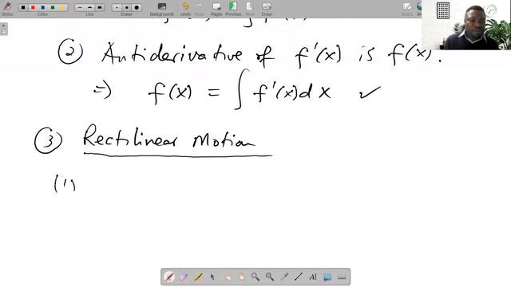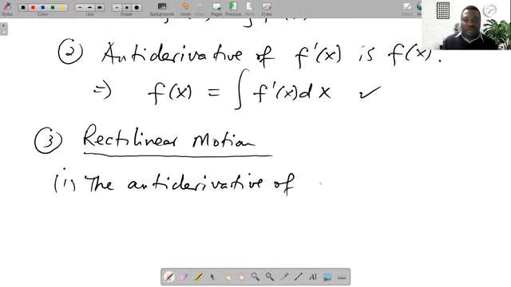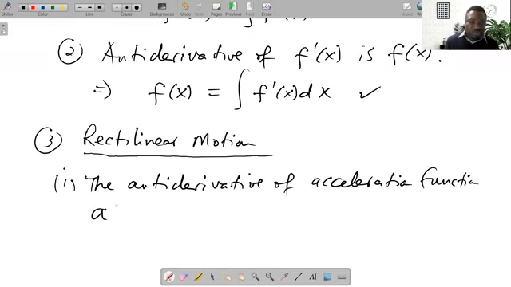So the antiderivative of the acceleration function, remember that rectilinear motion is always with respect to time, which normally we do.